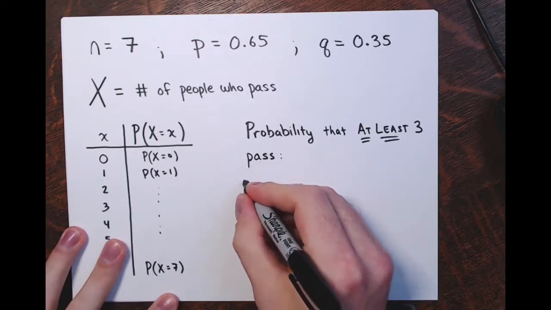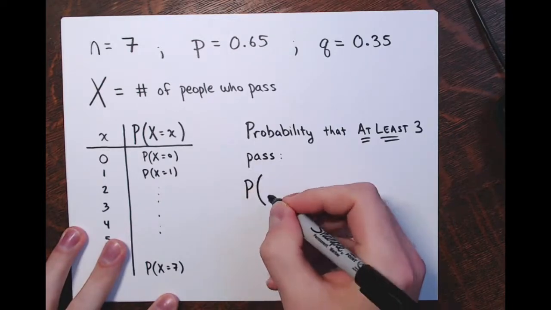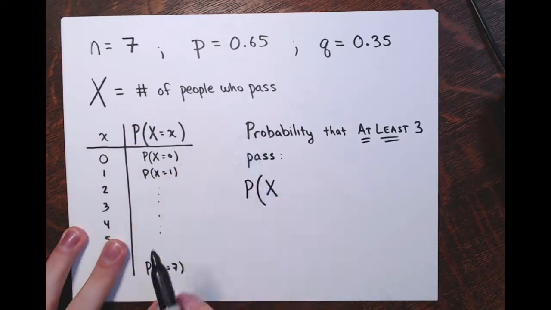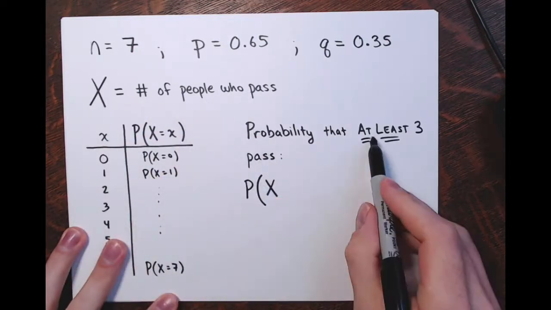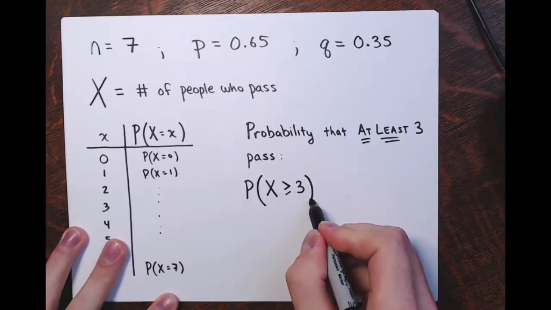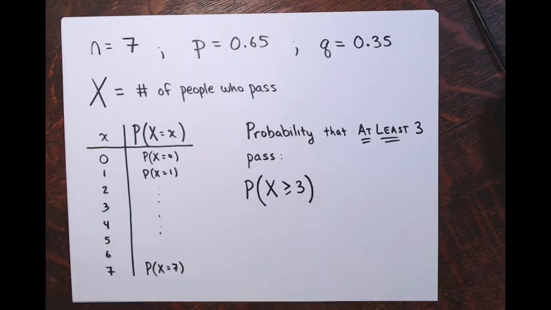So a way to write this would be the probability that x, right, capital X represents again the number of people who pass, is at least 3, means greater than or equal to 3. That means at least 3, x being greater than or equal to 3.